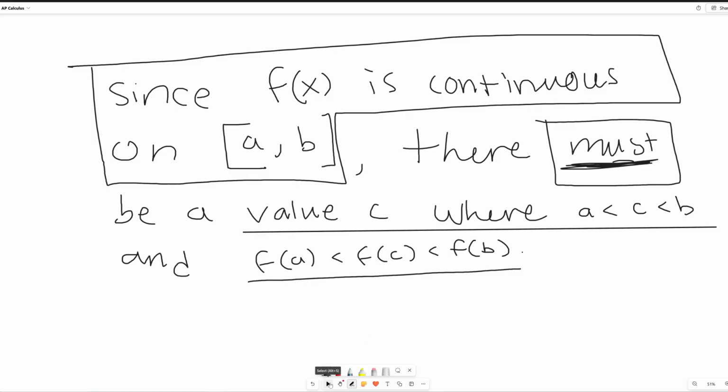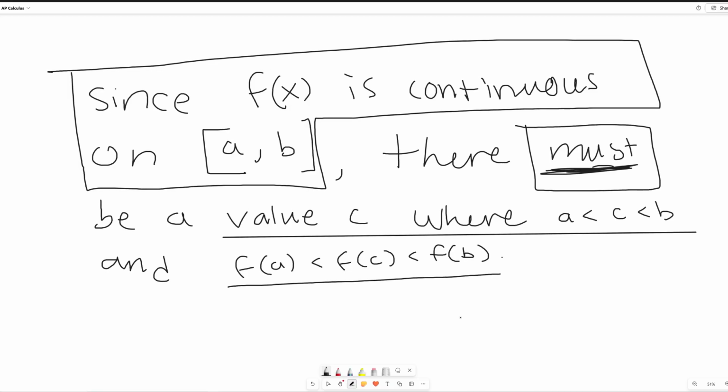This is the theorem. Conceptually, it just means that it hits all the y values on a continuous function, and it is very common on the test. You will be asked at least one question about it, whether it's a multiple choice or a part on an FRQ. You need to know this theorem.